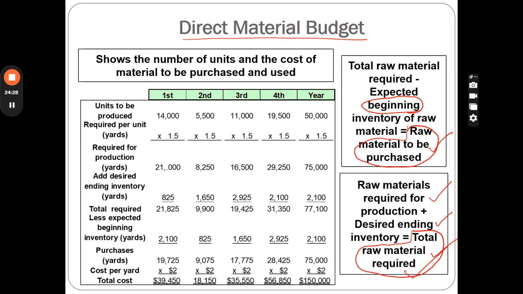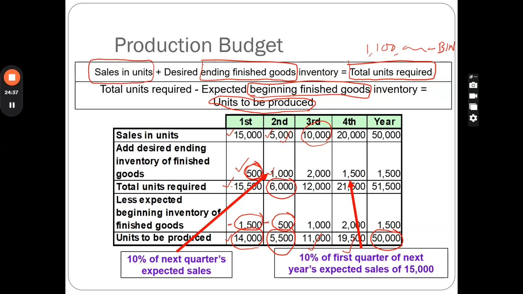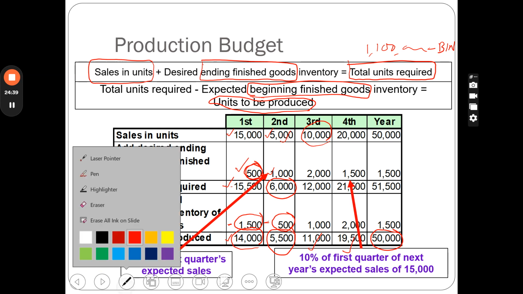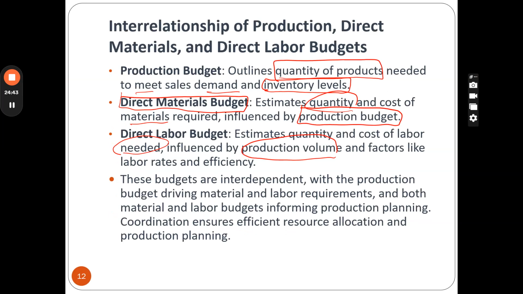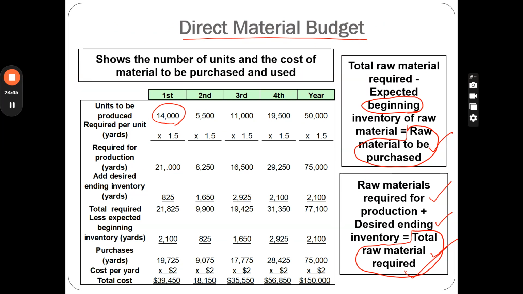So that is what's shown here. Based on our production budget, we have to produce 14,000 units, correct? So we are getting that from this budget. 14,000 units we need to produce, and required per unit is like 1.5 yards of material.